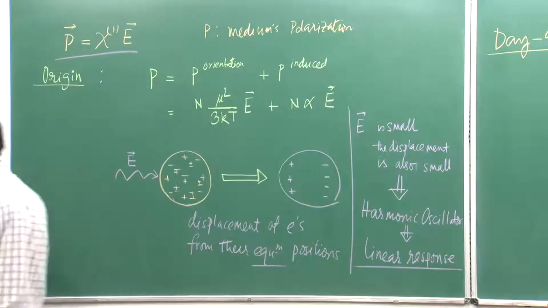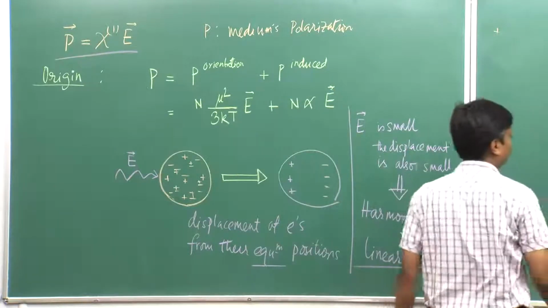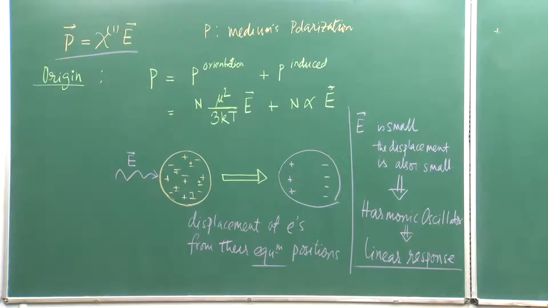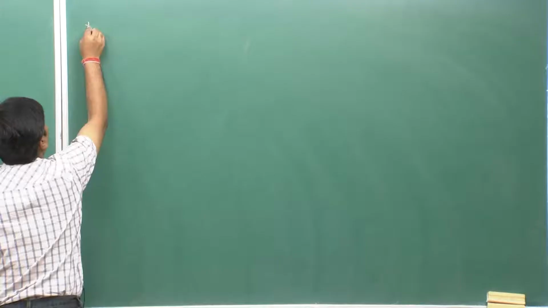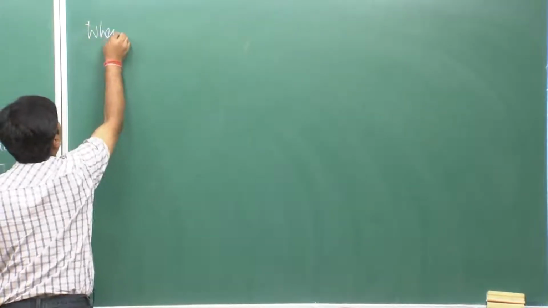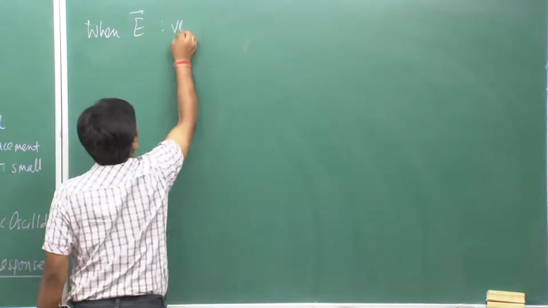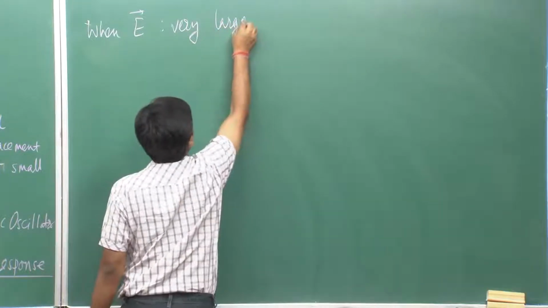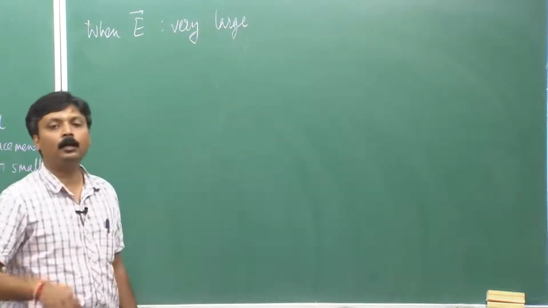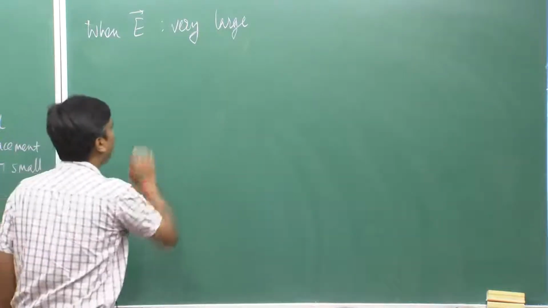So, when E is very large, as that comes from a pulsed laser, then what will happen?